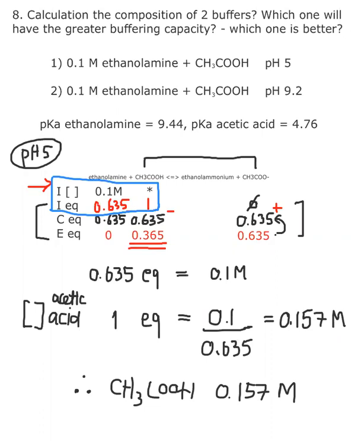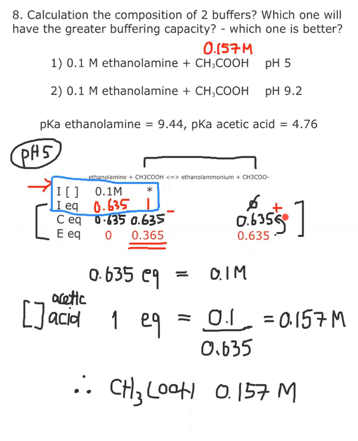So it's 0.157 molar. So again, when you have 0.1 molar ethanolamine mixed with 0.157 molar of acetic acid, the reaction of the buffer will be explained by this ice table. So 0.1 molar of ethanolamine will be taken out of the system by reacting with the acetic acid here.